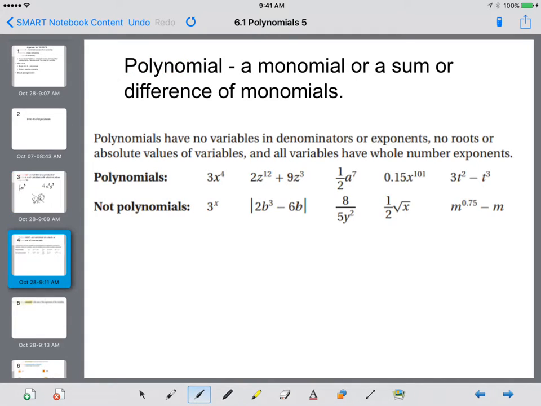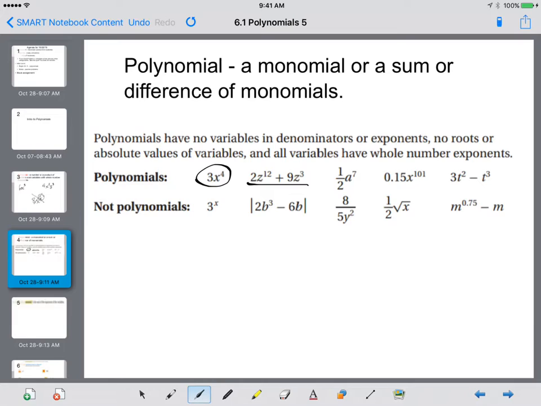A polynomial is a monomial or a sum or difference of monomials. So in our previous example, you saw this as a monomial. It can also be referred to as a polynomial. Here we have two monomials separated by addition.